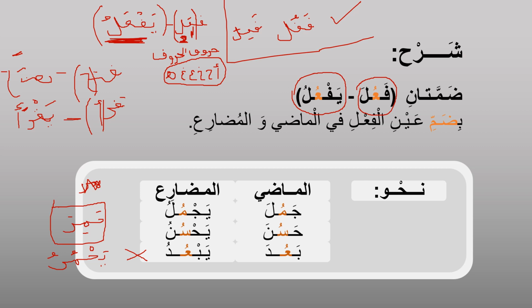Another reason why, okay, let's say, can it be yahmiru? It cannot be yahmiru. You cannot decide that except you have already mastered the what? The kesrotan.